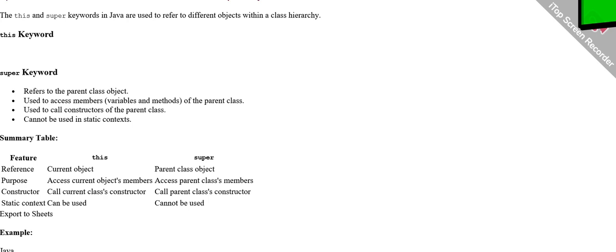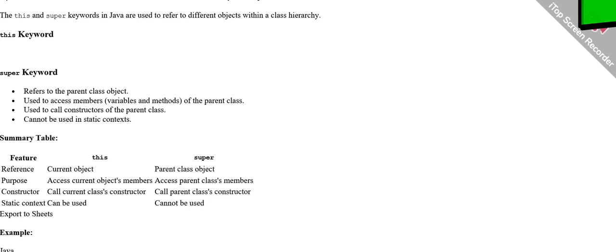Constructor: call current class's constructor, call parent class's constructor. Static context: can be used, cannot be used.